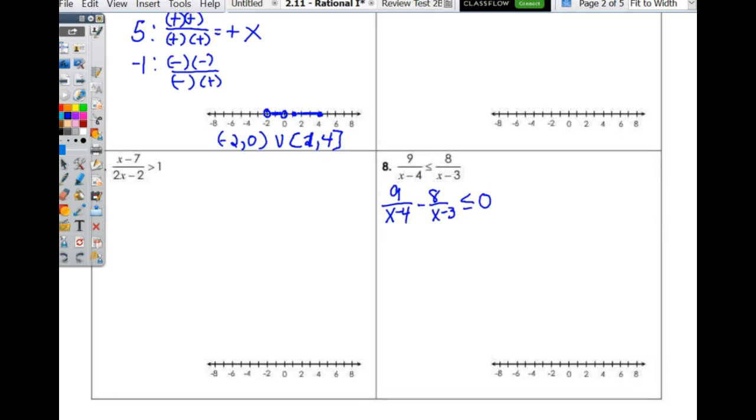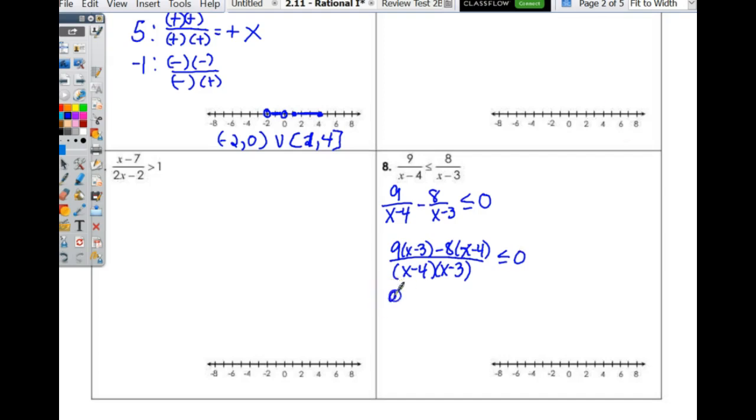So when we started with the 1/2 and the 1/3, when I got a common denominator, what did we do with the numerators? I crossed them, right? So I'm going to take 9 times x minus 3, and the minus 8 times x minus 4. Now nothing else is going to change, but I'm going to multiply on top and combine like terms.